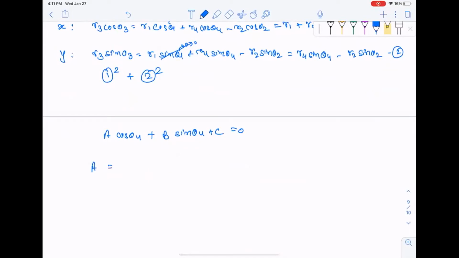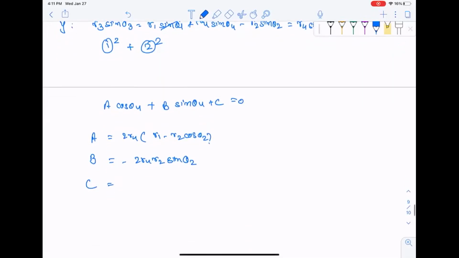Value of a will be 2 r4 times r1 minus r2 cos theta 2. B will be minus 2 r4 r2 sin theta 2. And C is r1 minus r2 cos theta 2 square plus r2 square sin square theta 2 plus r4 square minus r3 square.